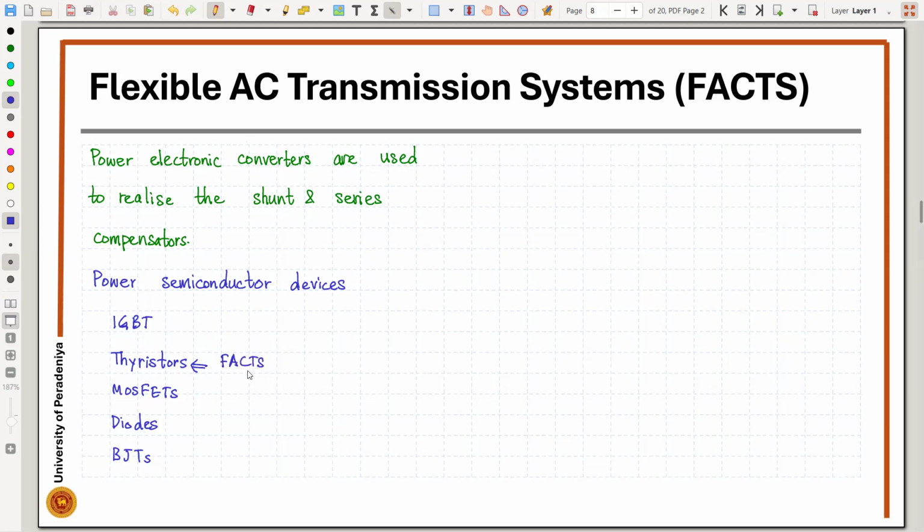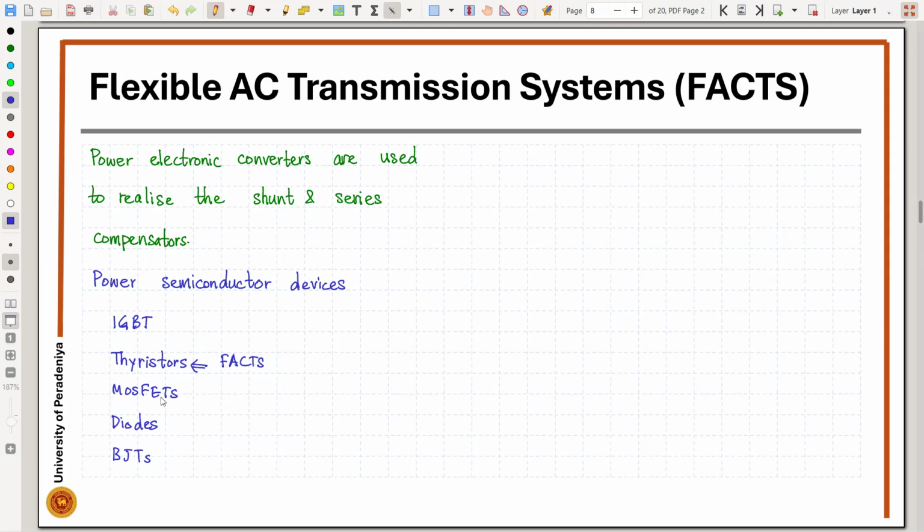That doesn't mean that IGBTs or MOSFETs are not used in FACTS devices. They are used, but most of the FACTS devices that we will discuss in the next few hours of this section will be using thyristors.